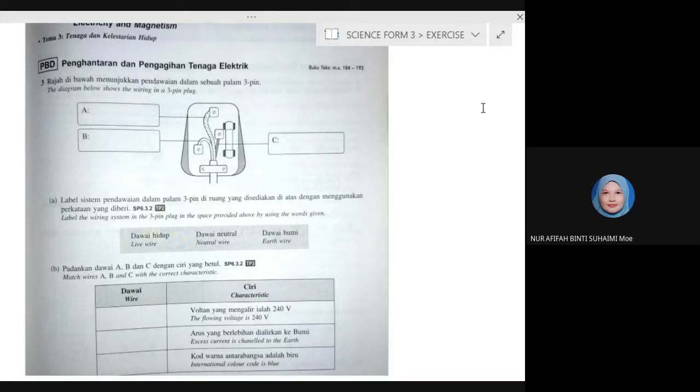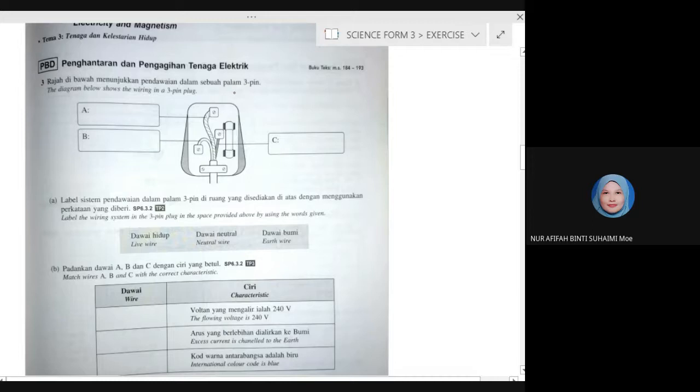Okay, those all use 2-pin plugs. The 3-pin plug is usually for heavy machines, electrical appliances coated with a metal cover. Okay, because we want to prevent short circuit. So there must be an earth wire for a 3-pin plug.